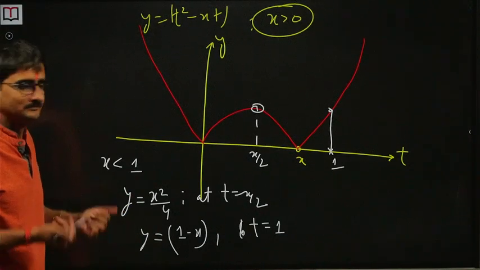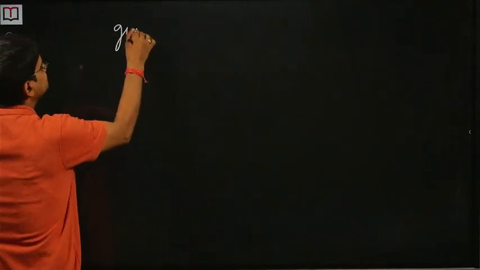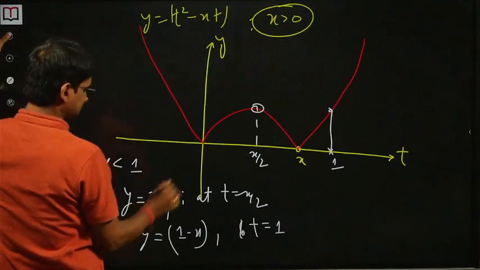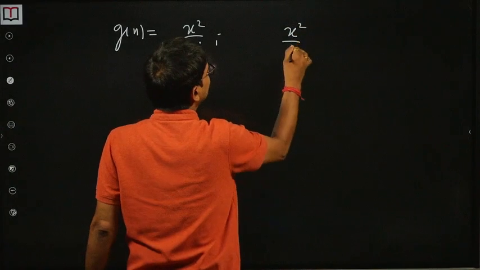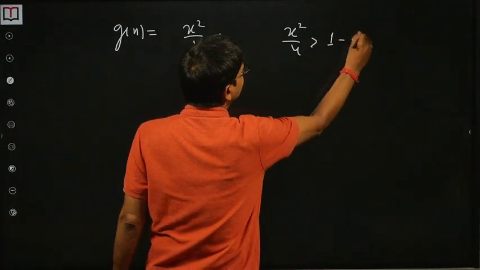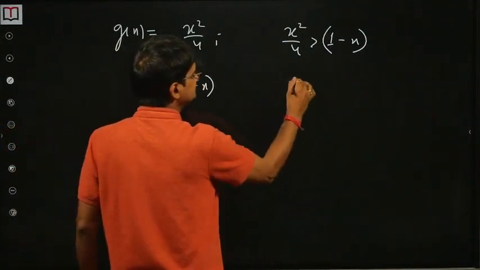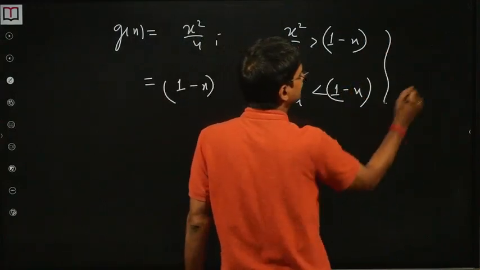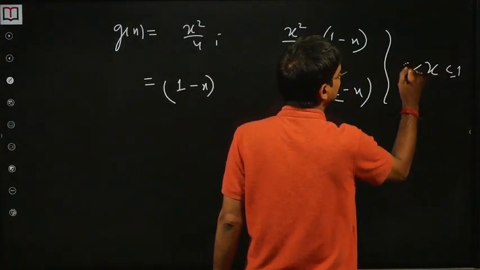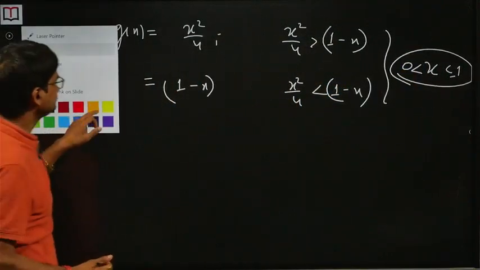That has to be the answer. So g(x) is equal to x²/4 when x²/4 is greater than 1 − x, in the case when x is less than 1 and greater than 0. We started with x greater than 0.